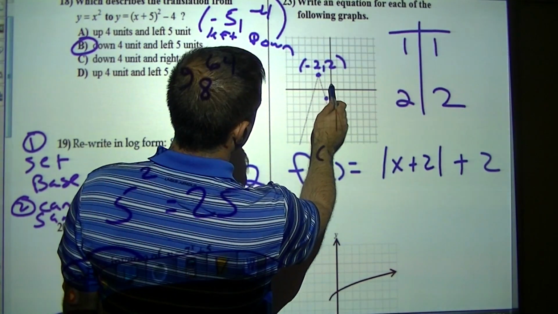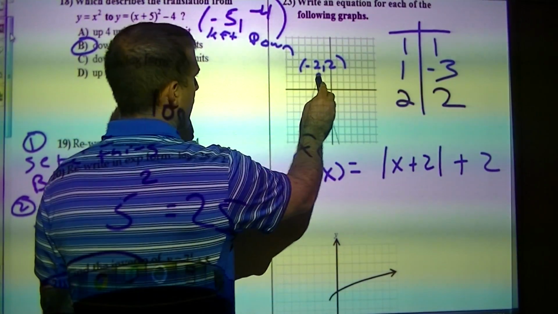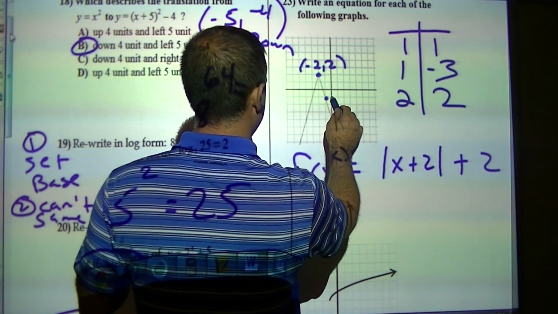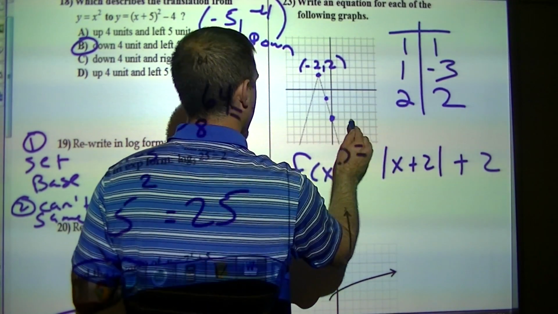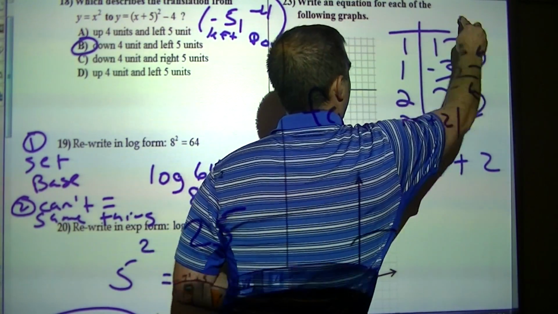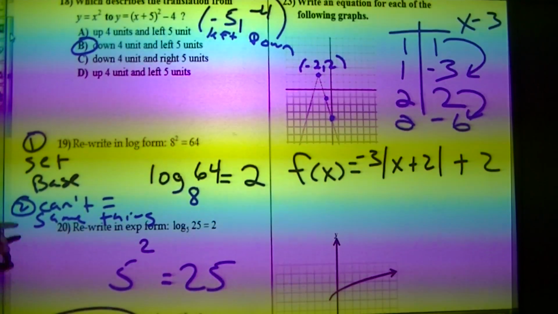And then to get to 2, it's 1, 2, 3, 4, 5, and 6. So that's 2, -6. Well, how would you go from here to here? A multiplication factor of -3. So I got to put -3 in there, that's the absolute value.